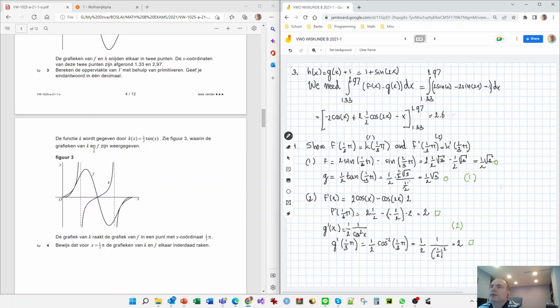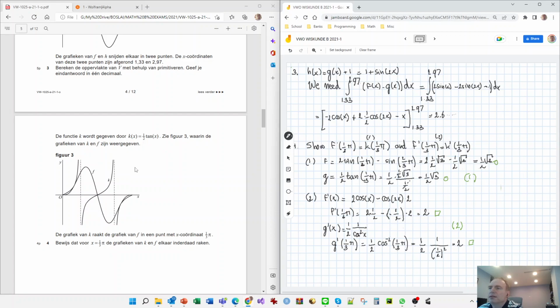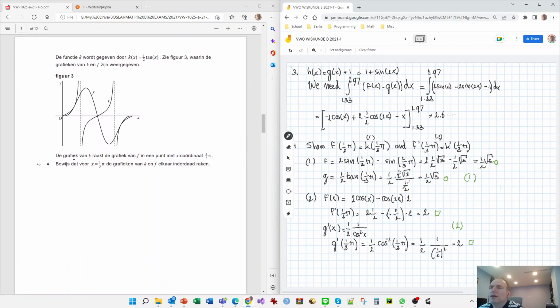Now they give a function k, 1/2 tangent of x, and raken means they have a similar tangent. I guess touch is not the right word in English, although let's just call it that.